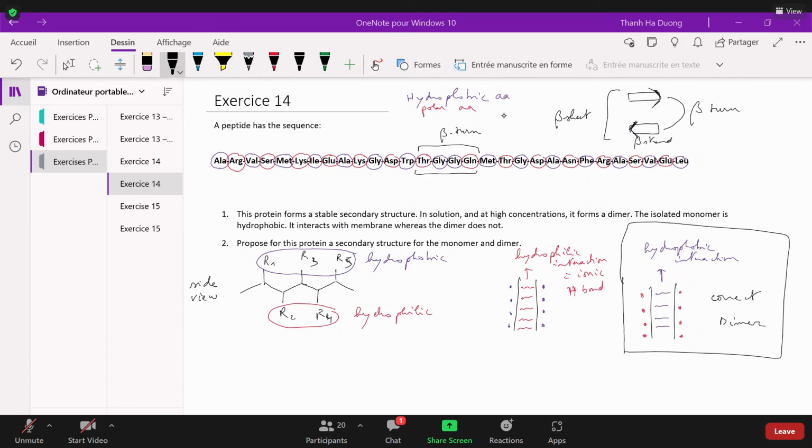Indeed, when they say the isolated monomer is hydrophobic, it means that one part of the monomer is hydrophobic. In my side view, the top side is hydrophobic, right?